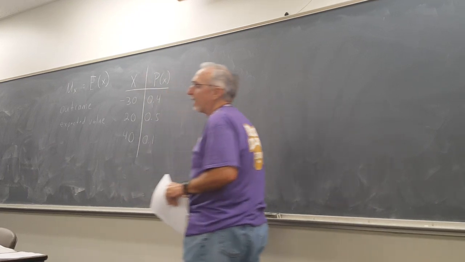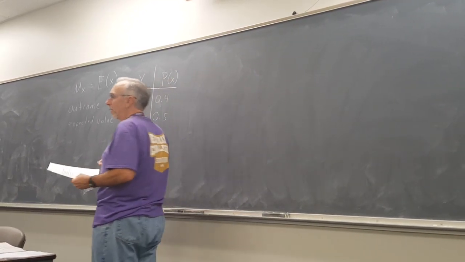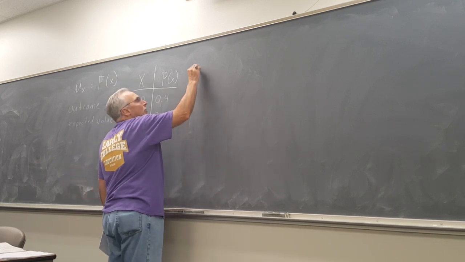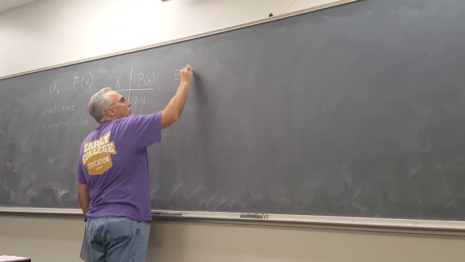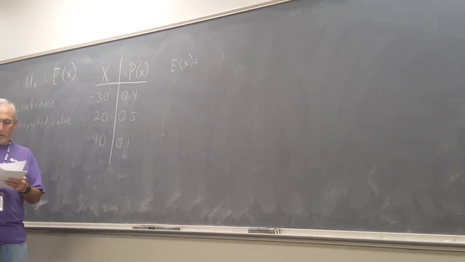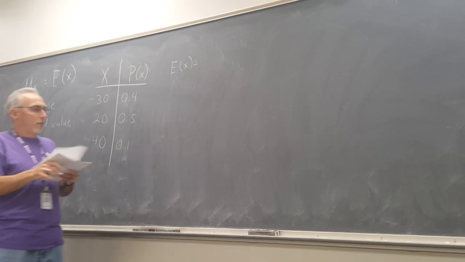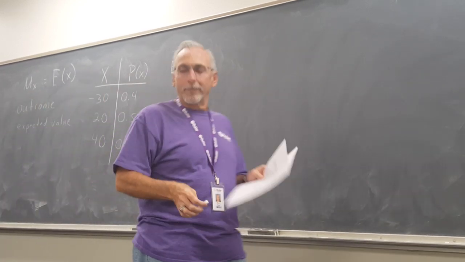If they ask you to calculate the expected value, that's the same thing you just did a moment ago with the mean. She left you space to calculate on the next page.